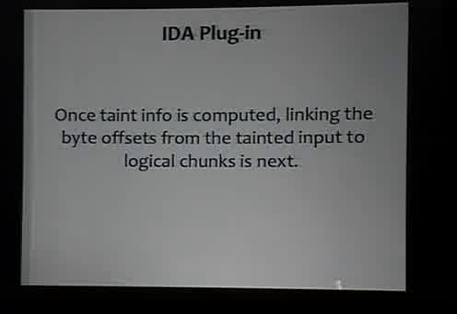Now, once the taint info is computed, linking the byte offsets from the tainted input to logical chunks is next. Let me show you the plugin. It's a lot easier to understand, I think.